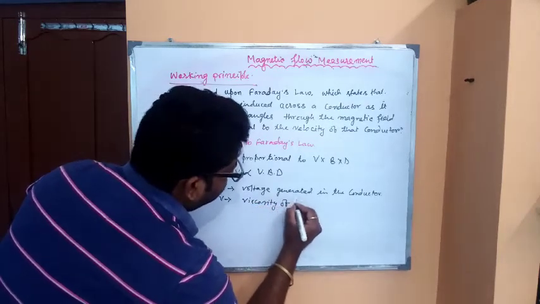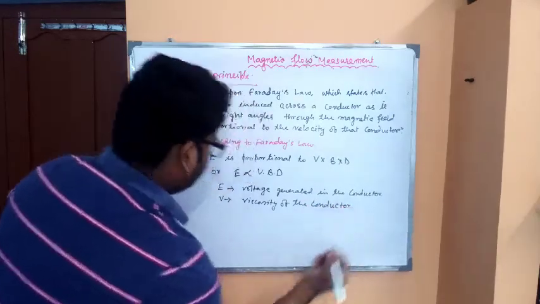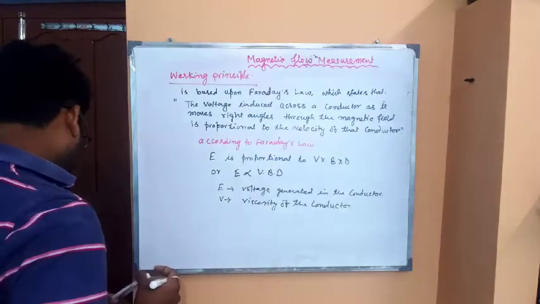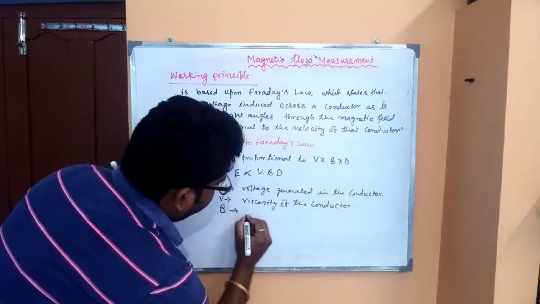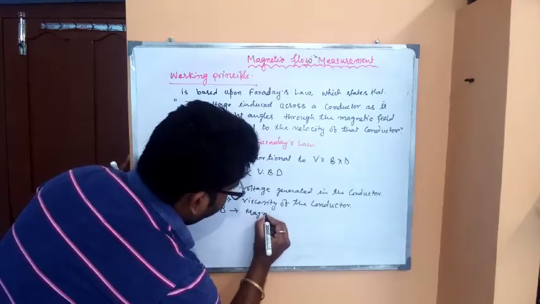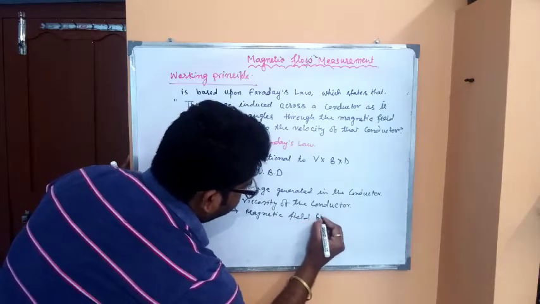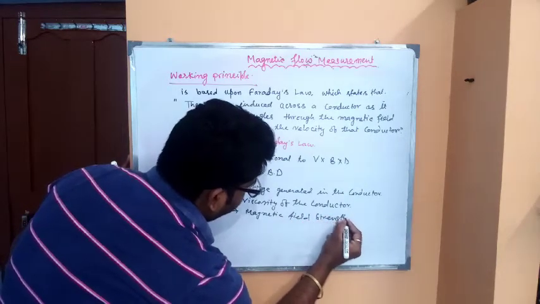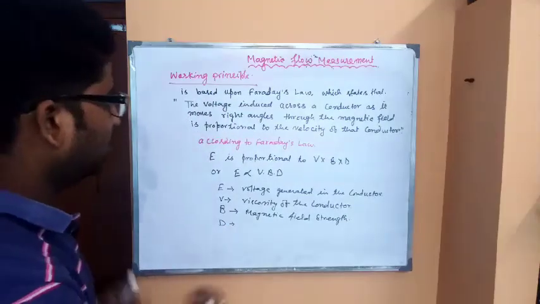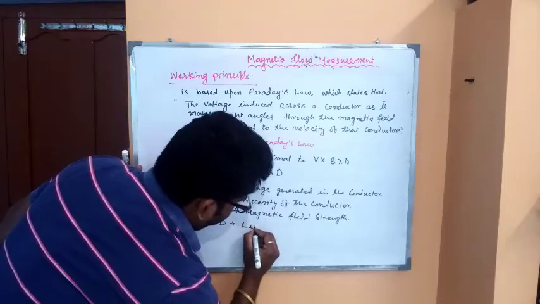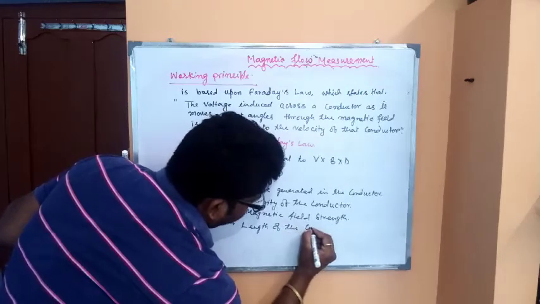B is the magnetic field strength, and D is the length of the conductor.